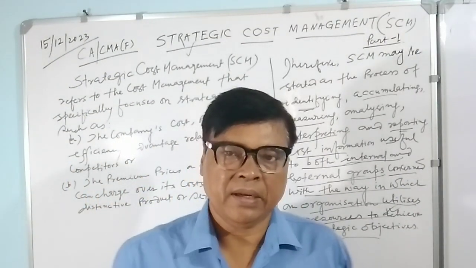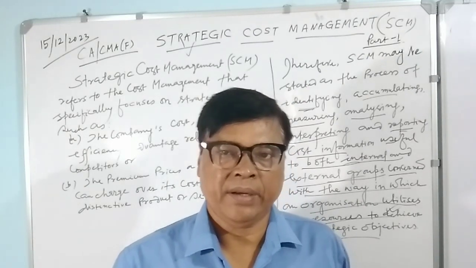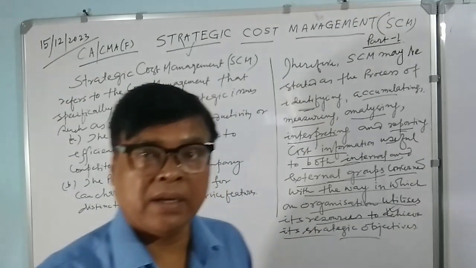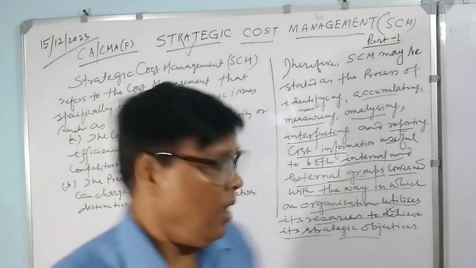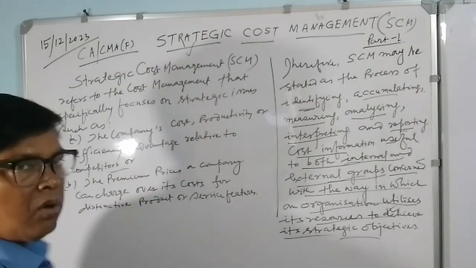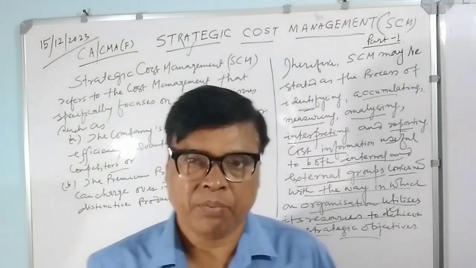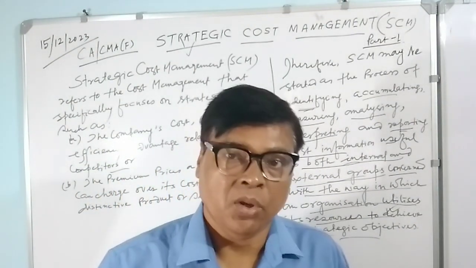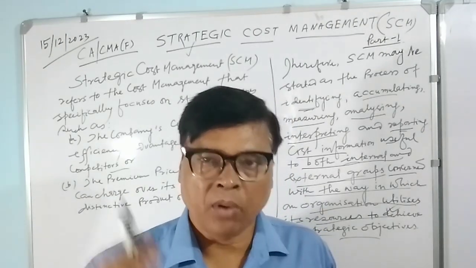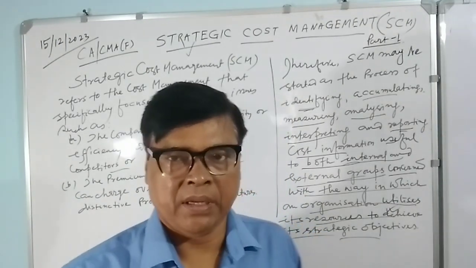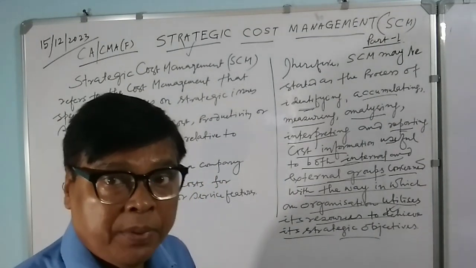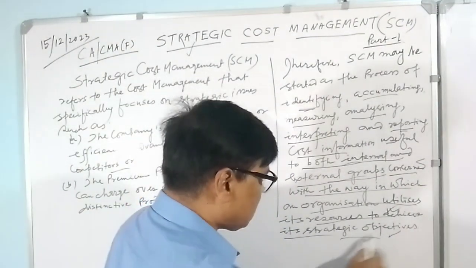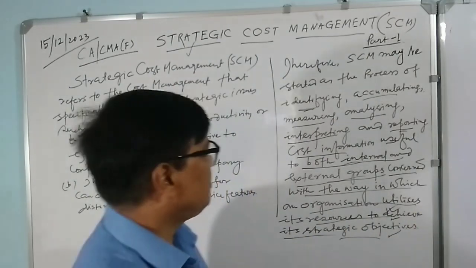Whenever you are thinking of your internal things, quality, machines, production, everything, at the same time external issues also you have to understand. Always you have to think about your competitors, what strategy they are following, because you will be in the same market, no? So unless you are concerned about your competitors' strategies, you will not be able to fix your own strategies to achieve your strategic objective.